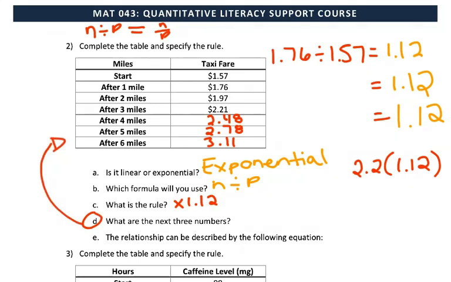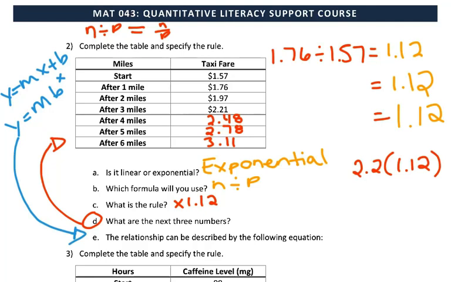So now, what's the relationship? Remember, back in the last video, we said y equals mx plus b was our linear equation, and y equals m(b)^x was our exponential equation. So that's the one we're going to use for part E. So we have y equals m b to the x, and I'm going to put parentheses around my b.